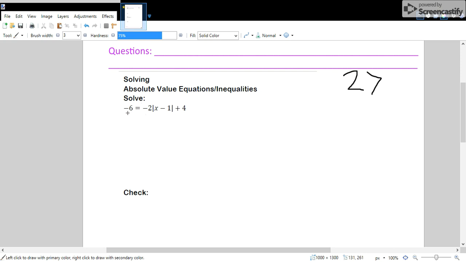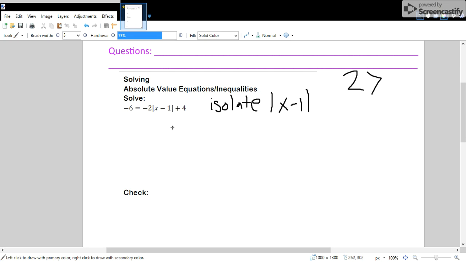So solve. -6 equals -2 absolute value of x minus 1, close absolute value, plus 4. From here, what you want to do is isolate the absolute value. So you will isolate your x minus 1 absolute value.